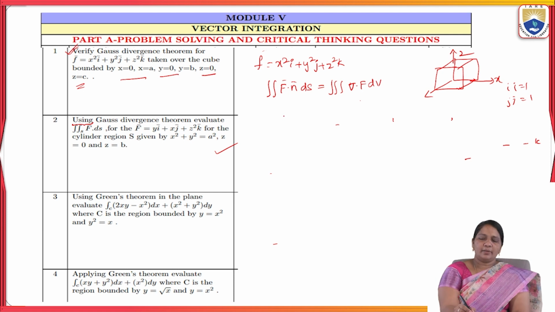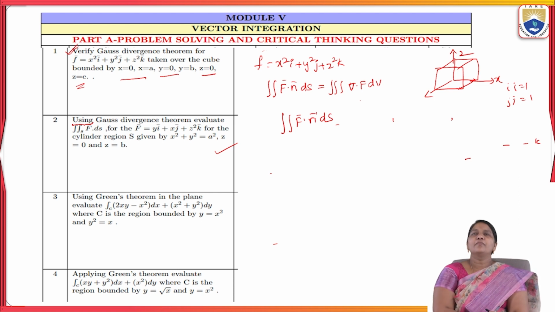See here, the double integral of f bar dot n bar into ds. Which surface are we taking? In the cube we are having 6 faces. This is the first one, this is the second one, this is the third one, and the upper ones 4, 5 and 6.